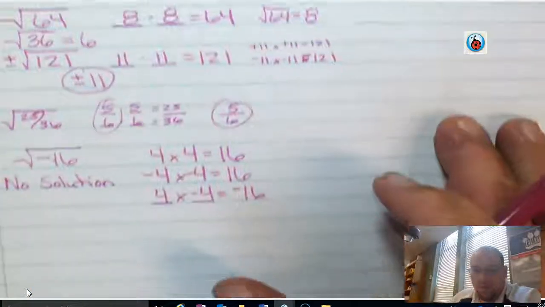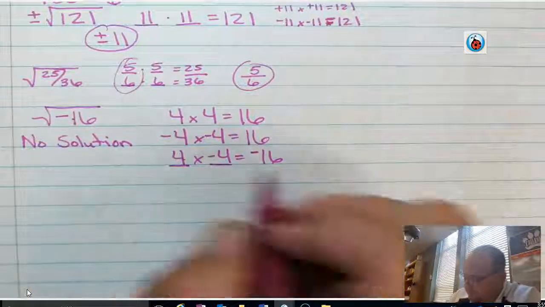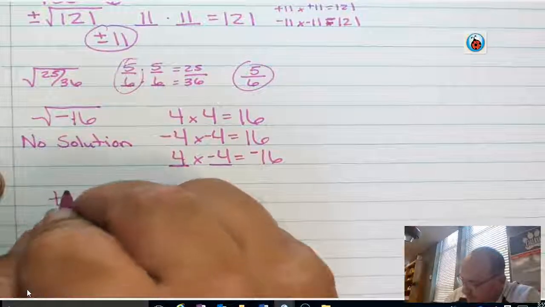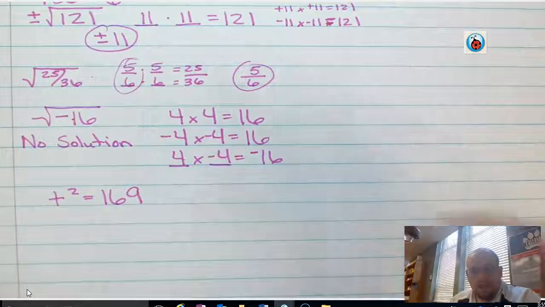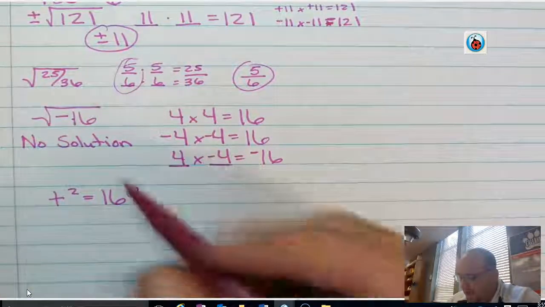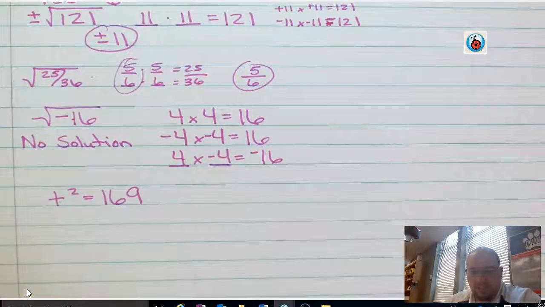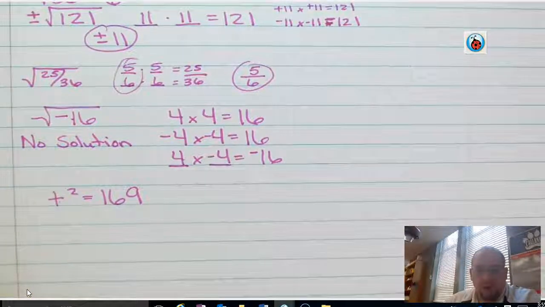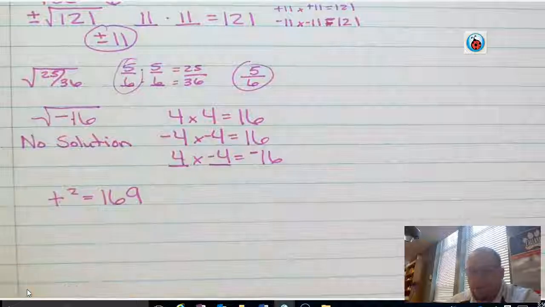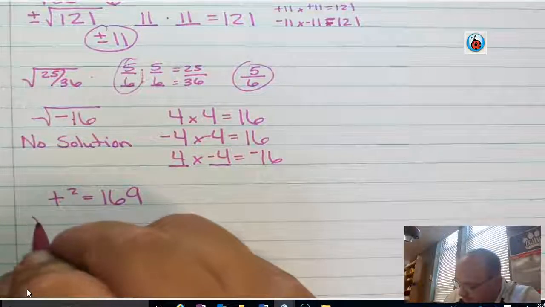All right. One last one I want to show you. I want to show you t squared equals 169. This is an algebra one, I need to figure out what the value of t is. So what I have to do is I have to know how to undo a squared number. How I undo a squared number is I use the square root.